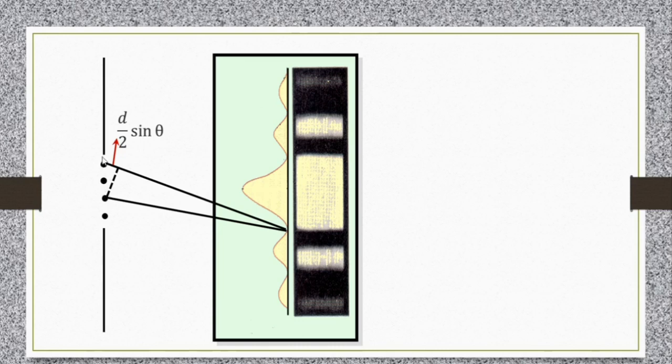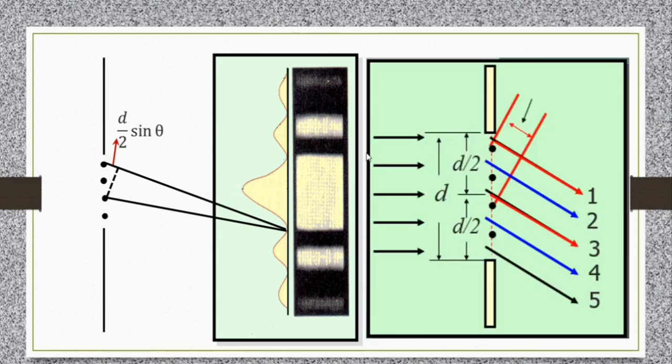If the width of the slit is d, then this is d over 2. So the path difference here will be d over 2 times the sine of theta using geometry and simple trigonometry.